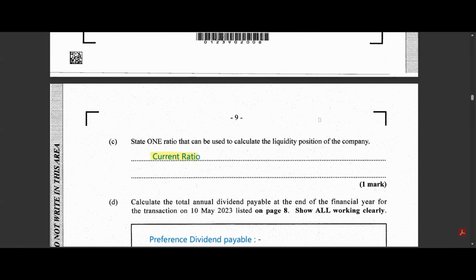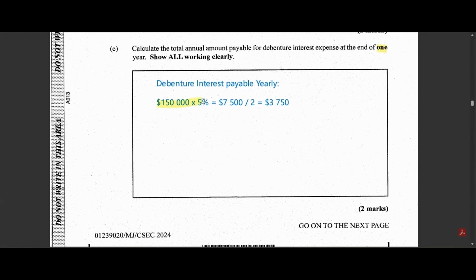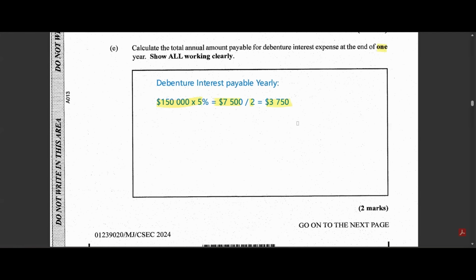So let's have a look. 150,000 was the debenture total. 5% was the interest. Multiply that together, you're going to get 7,500. Now the 7,500 would have been the interest for the entire 2 years, but since the question asks us for 1 year, we simply divide by 2. Interest yearly will be $3,750. There we go.